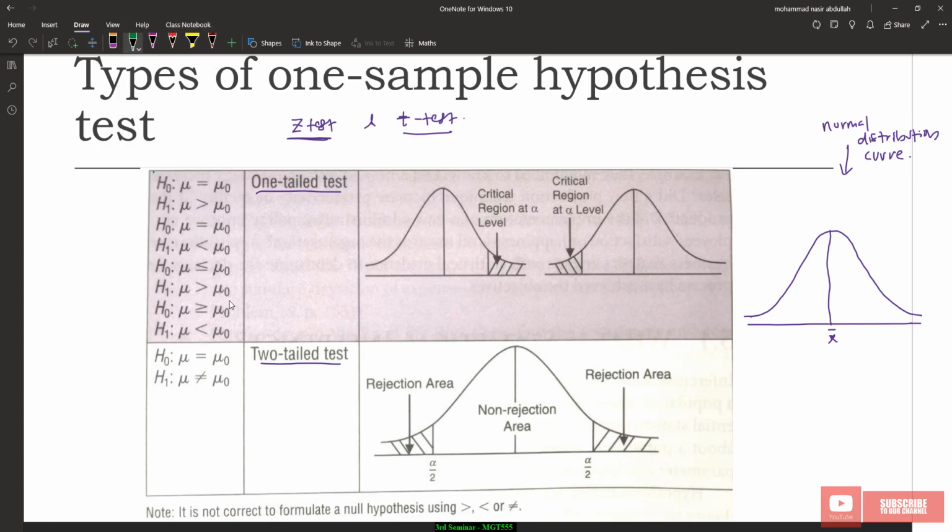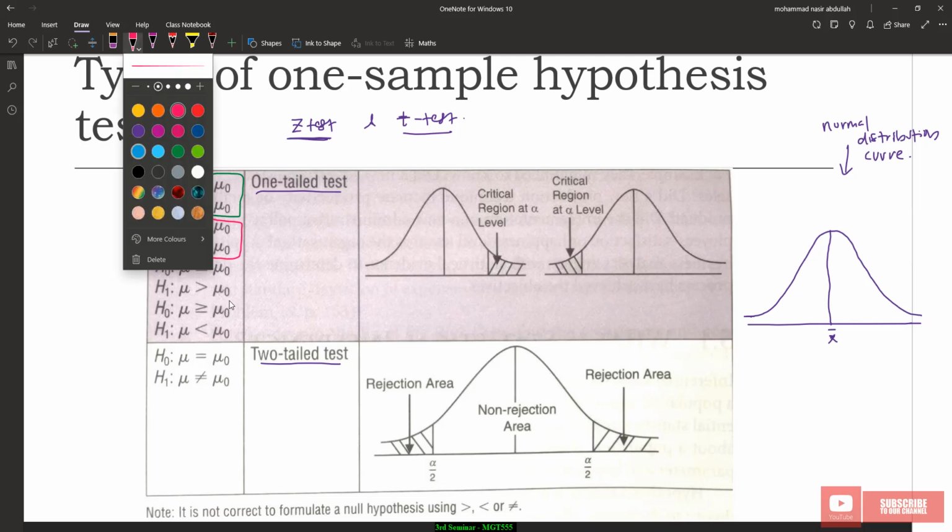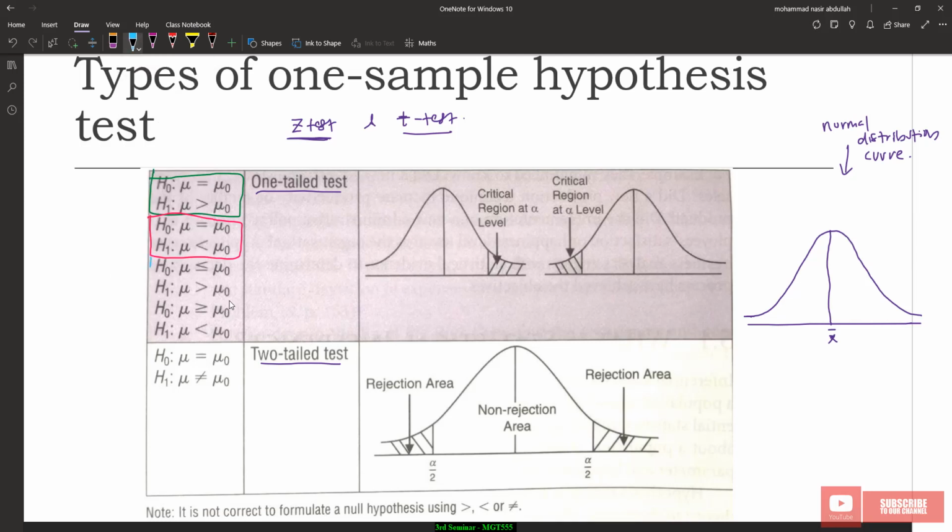This is the first statement, this is the second statement, and the pair is here. If you have the book, you can see the pair. So make sure you concentrate on this chapter. And the last one, we have this one. This is the first, second, third, and fourth.